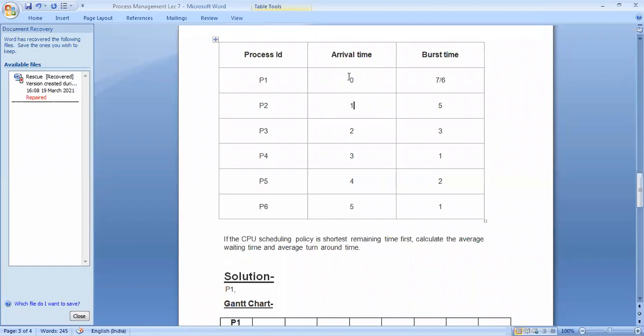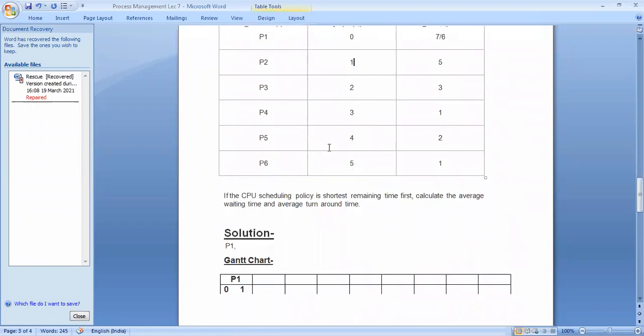So no need for comparison, because within the ready queue only one process is there. So that's why this process is executing.